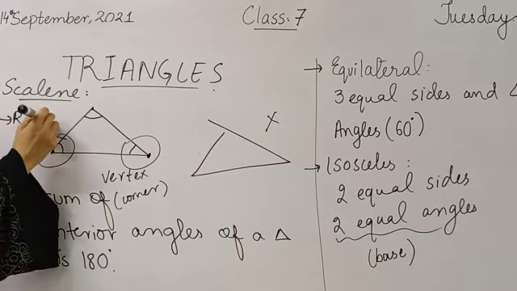Next, what is a diagonal? Let's revise some terms, then we'll write the properties of different quadrilaterals. First one is diagonal. Do you have any idea what a diagonal is?